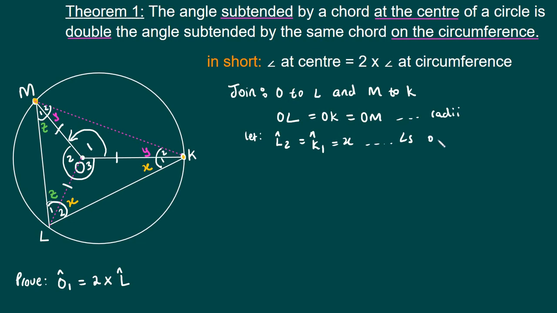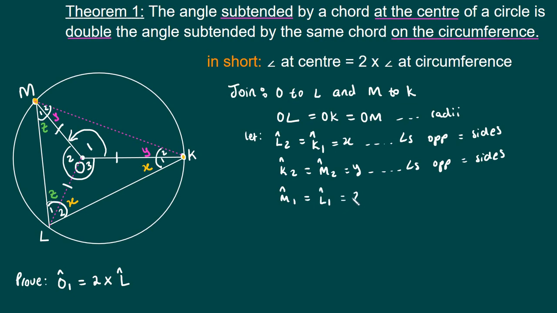Because these are angles opposite equal sides. Then you're going to say K2 must be equal to M2, and both must be Y. Why are you saying that? Because those are angles opposite equal sides. And then you're going to say M1 is going to be equal to L1, and both will be Z. Why? Because those are angles opposite equal sides.